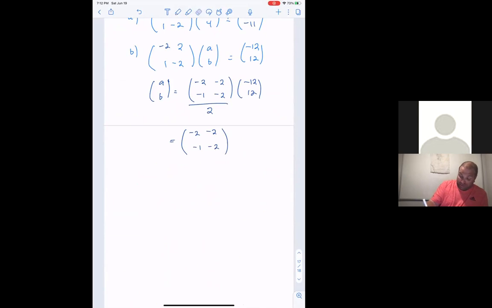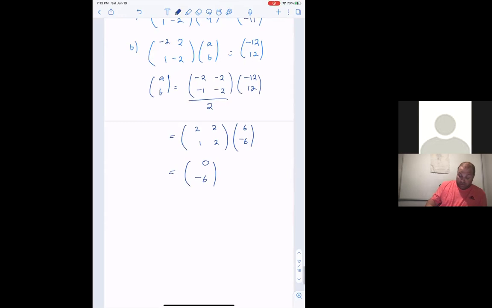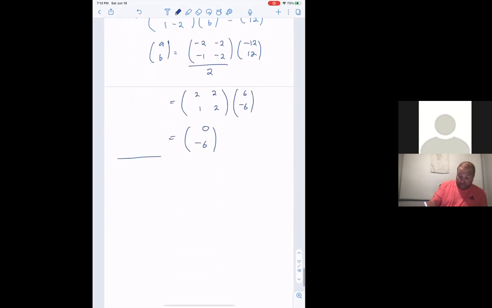In fact, I'm going to absorb the negative signs also into the other one. Why not? Which gives me 6, -6. So I get 12 minus 12 is 0. And then I get 6 minus 12, I get 0, -6. So that takes care of number 9. Thank you, boys, for fixing that.